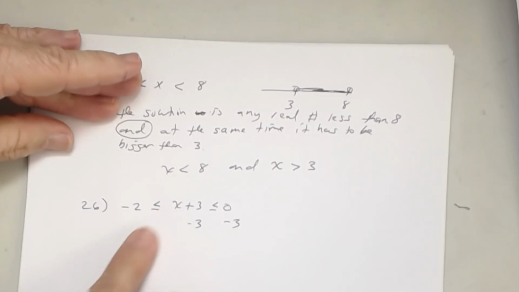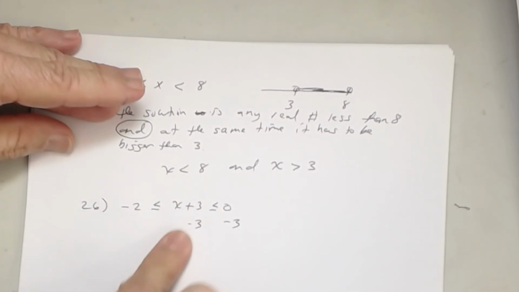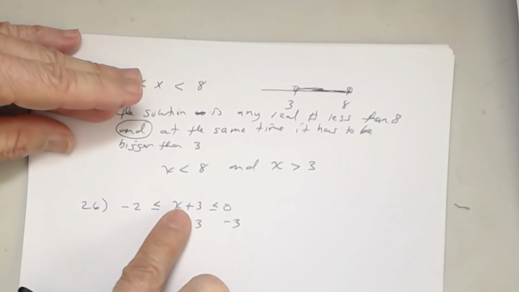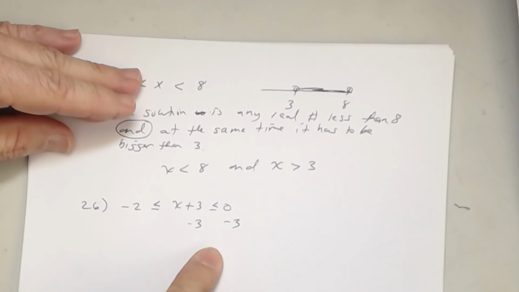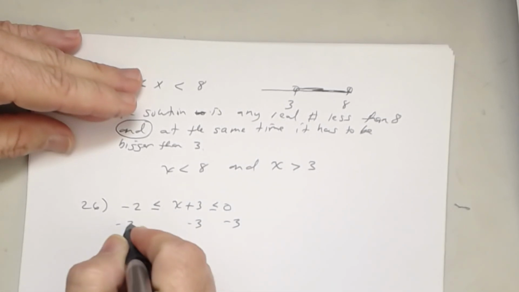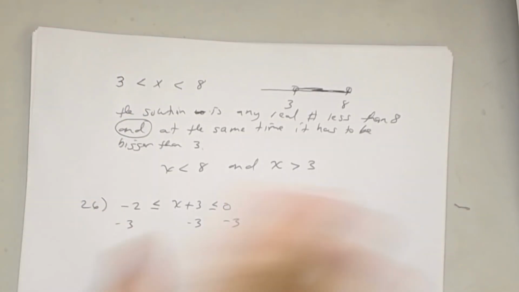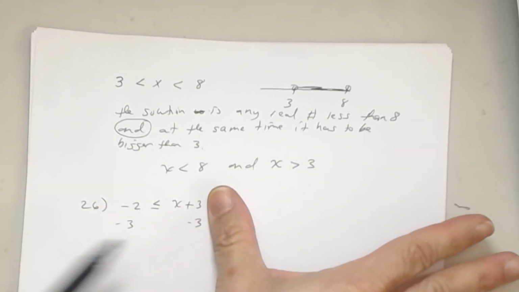Think of this as 3 parts: the left, middle, and right. So if I get x in the middle, I've got to subtract 3 from all parts. I subtract 3 from here, and then combine like terms. It makes sense, because if I cover this part up, isn't that what you would do?